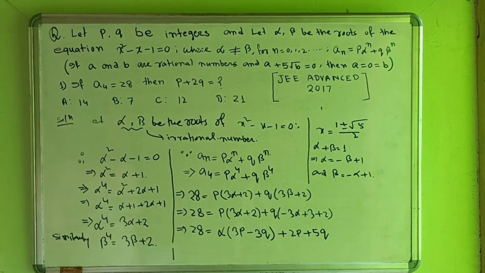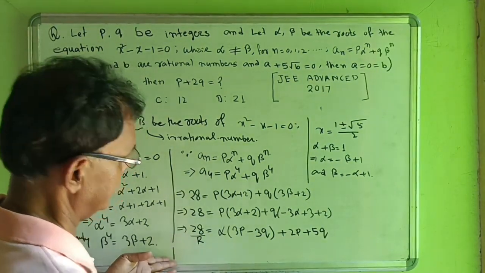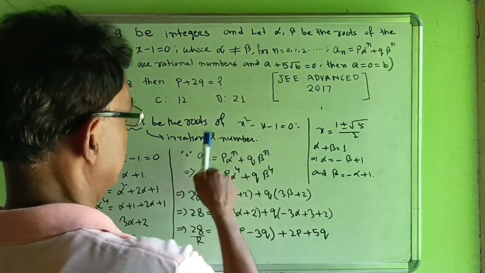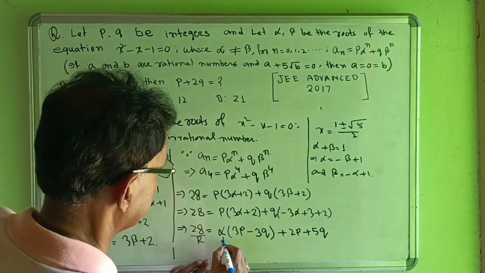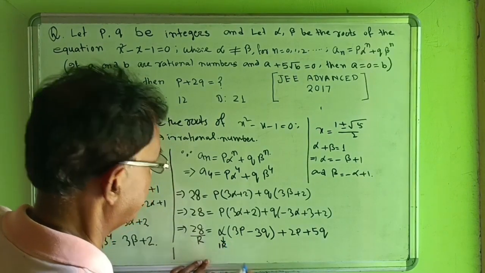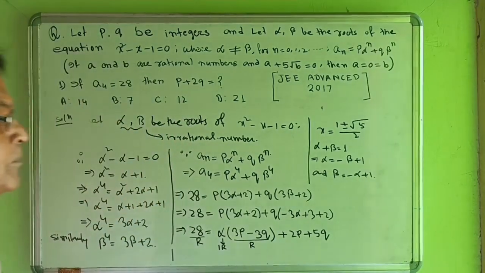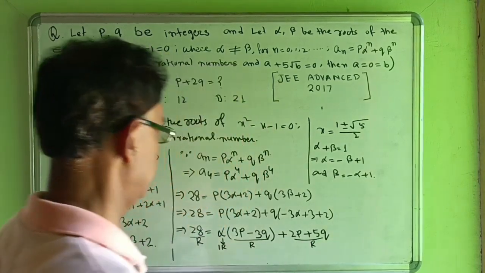From here it is seen that this coefficient is a rational number, and this other term is also rational, while alpha is irrational.